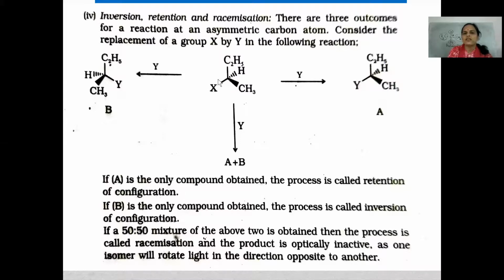In the first case, X getting replaced with Y is retention of configuration. In the second case, X getting replaced with Y, but I get an inverted configuration, the process called inversion of configuration. And if I obtain 50% A and 50% B, then the process is called racemization. Hope it's clear again.